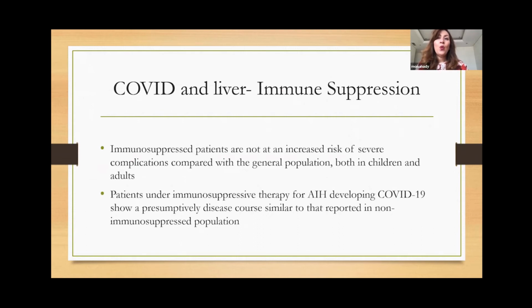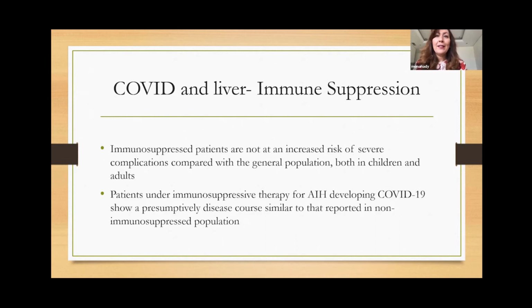Patients who have COVID and are immune-suppressed liver patients, so either patients with autoimmune hepatitis or post-liver transplant. As we would expect, the immune suppressive drugs suppress both the innate and the adaptive immunity. Generally, what we see is a more severe illness.